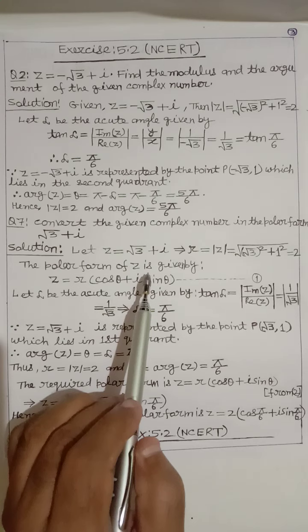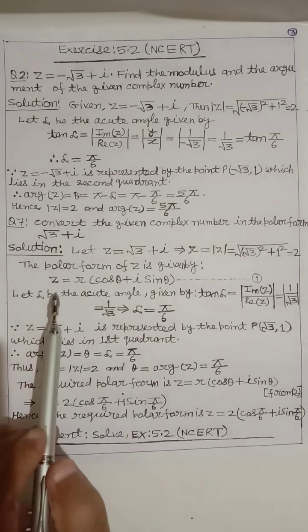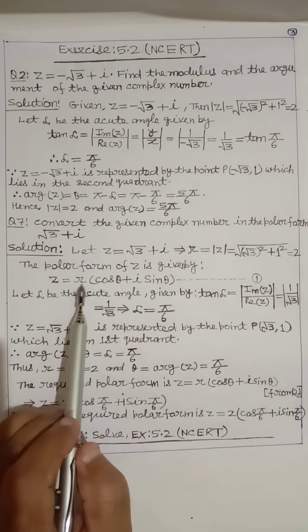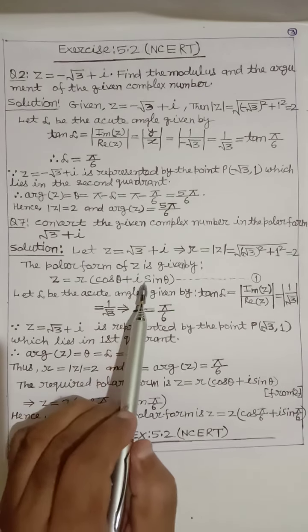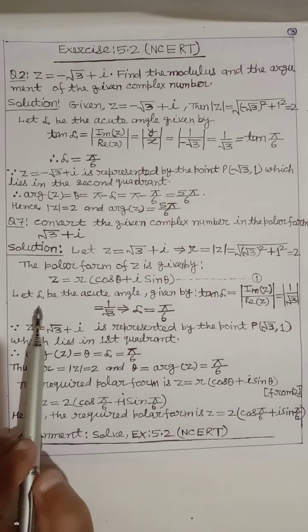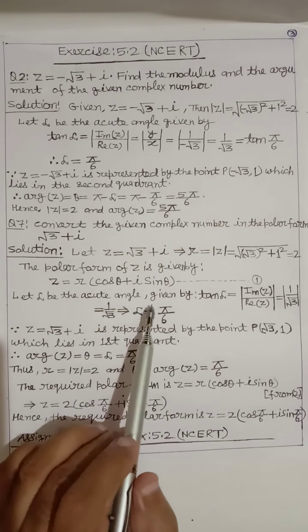The polar form of z, as we have already discussed above, can be represented by z is equal to r (cos theta plus i sin theta). This is taken as 1. And here, suppose that alpha is the acute angle.